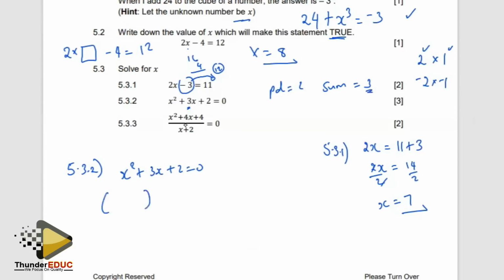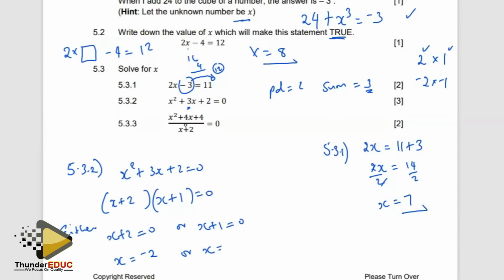So which means my factors are going to be x plus 2 and x plus 1 is equal to 0. So either x plus 2 is 0, or x plus 1 is 0. Then I move the 2 that side, my x becomes -2, my x becomes -1. So those are the two answers that we expect. Whenever it's a quadratic, we need two answers. If it's just a plain x, it's just one answer.